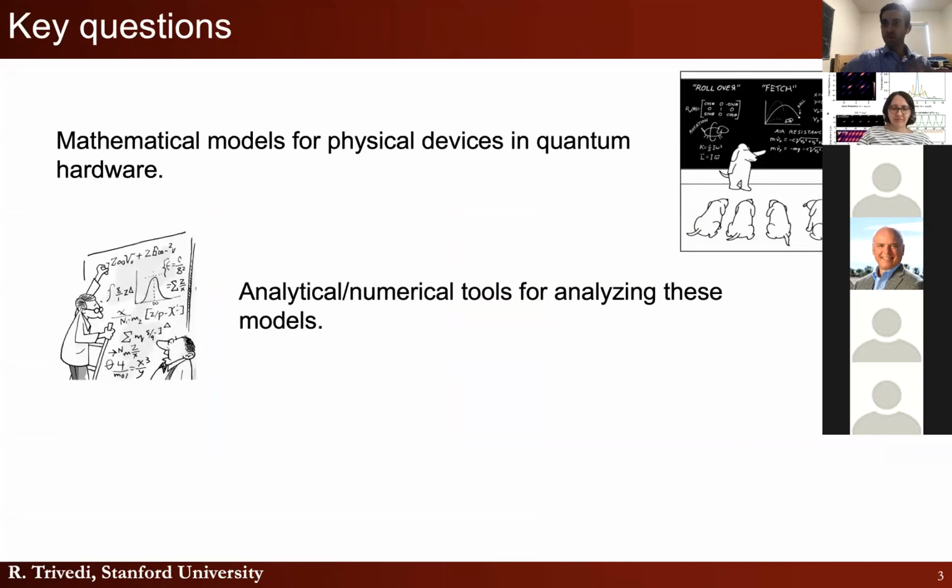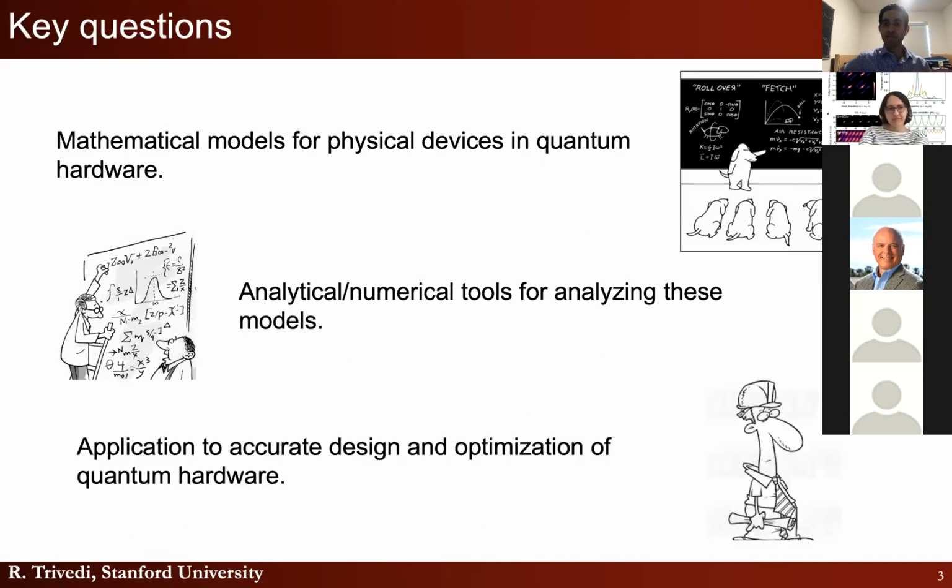More importantly, once you do have these mathematical models, the question you could ask is: what kind of numerical or analytical techniques can I use to simulate these models? This is an even more important question when we think about quantum systems, because we know that simulating quantum systems is usually a difficult problem to solve on classical computers. So we really need to be careful about what exactly we are trying to calculate, and how we are going to exploit some structure in a problem in order to do that calculation.